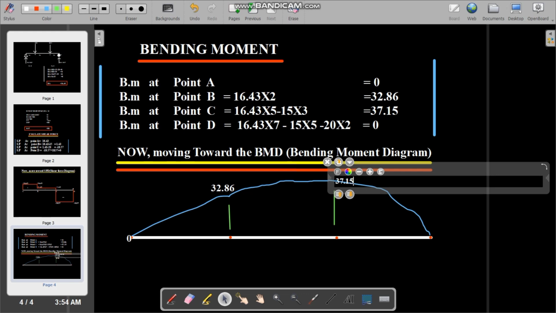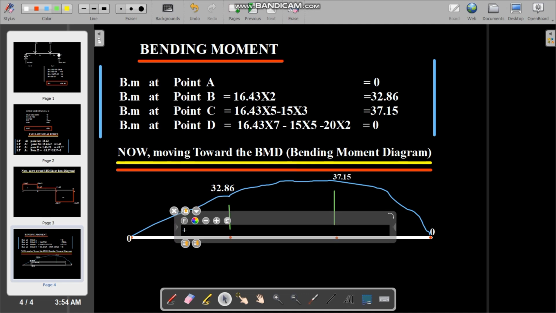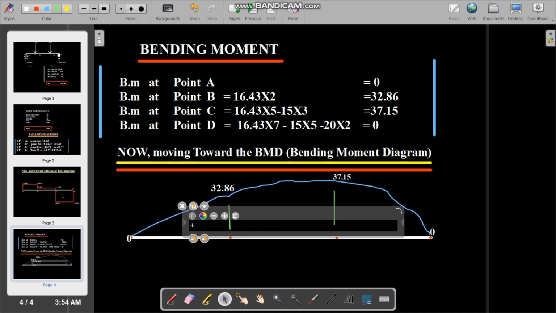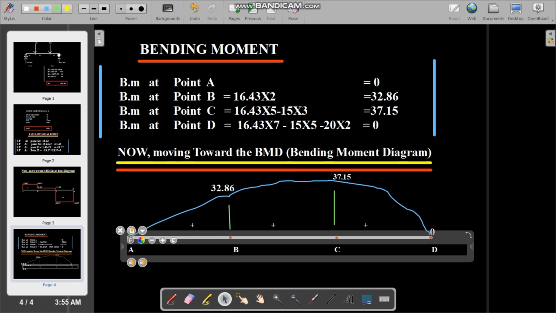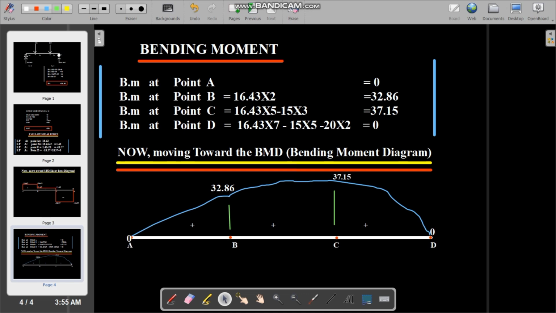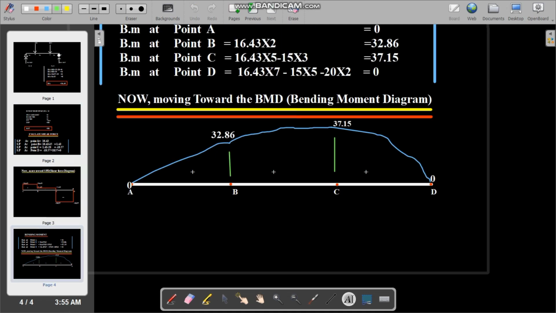The value at A point is 0, at B point it's 32.86, the third one is 37.15, and the fourth one is 0. There are 4 points A, B, C, and D, so I just draw the positive signs here, and that is the B point, this is the C point, and that is the D point. So you can see the whole picture of BMD and its values. So that is the whole numerical.